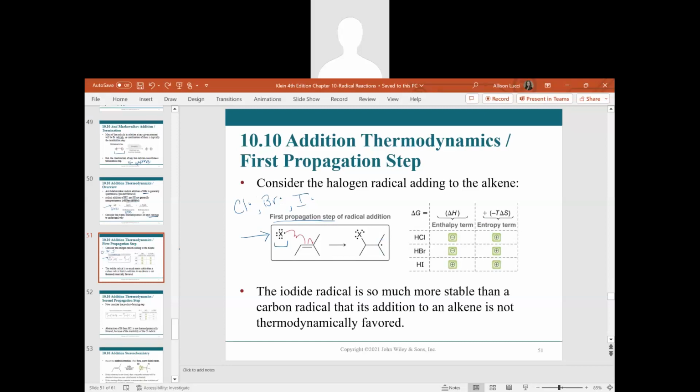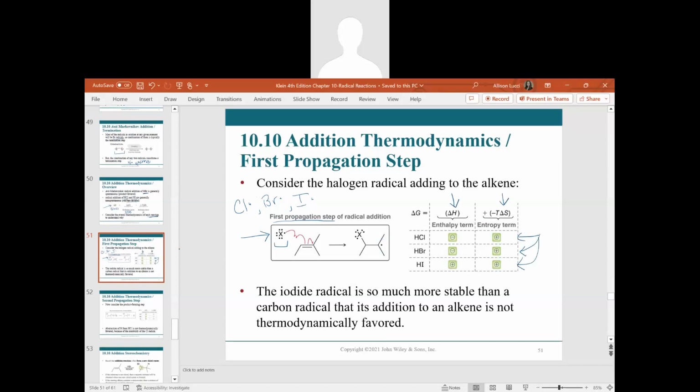So looking at the values for the enthalpy terms versus the entropy terms for this step in this table, we can see that the entropy term is positive for all three, so that doesn't differ.